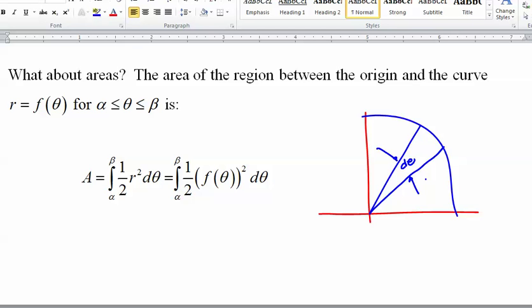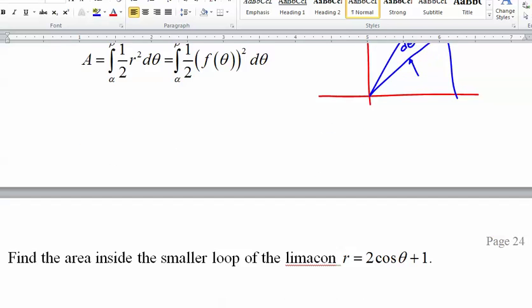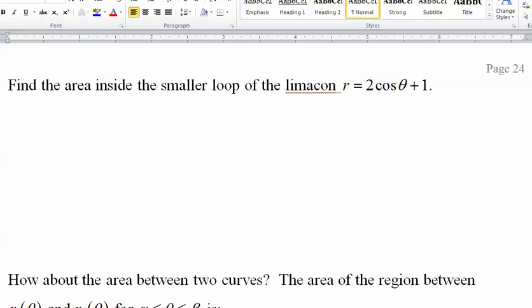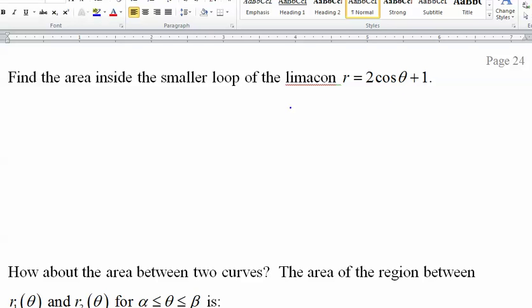We can subtract. So we've got 2 of them, and the 1/2 r squared comes from the pi r squared formula. We don't have to worry about pi. That's going to pop up in the measurement of the limits. So the smaller loop of the limacon r equals 2 cosine of theta plus 1.